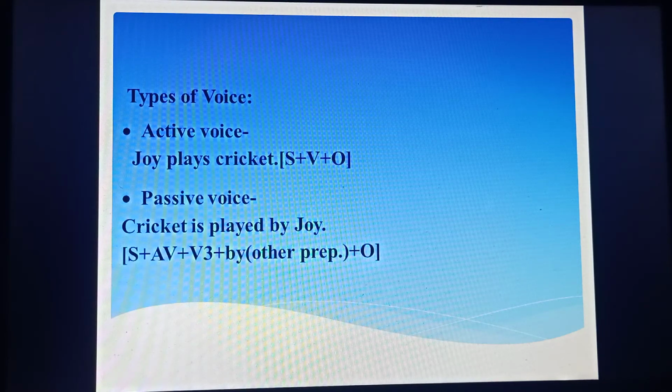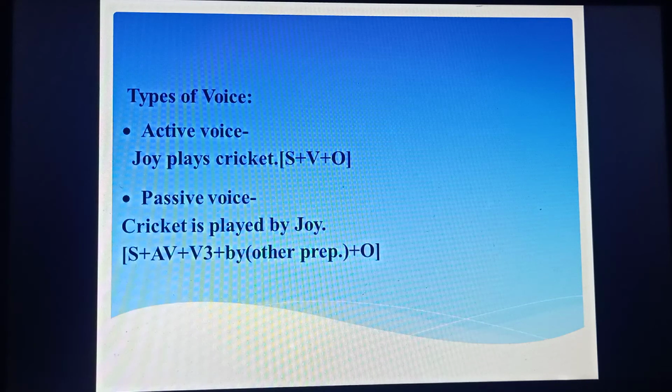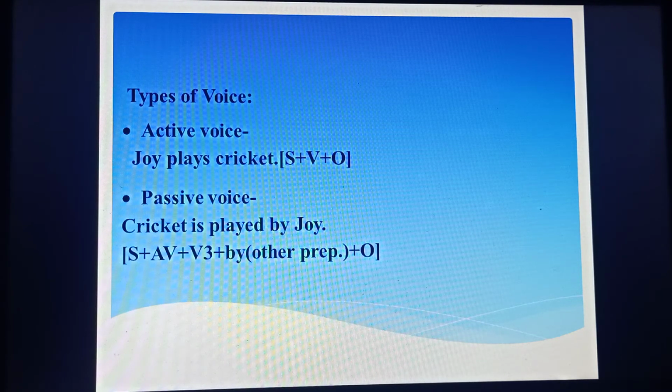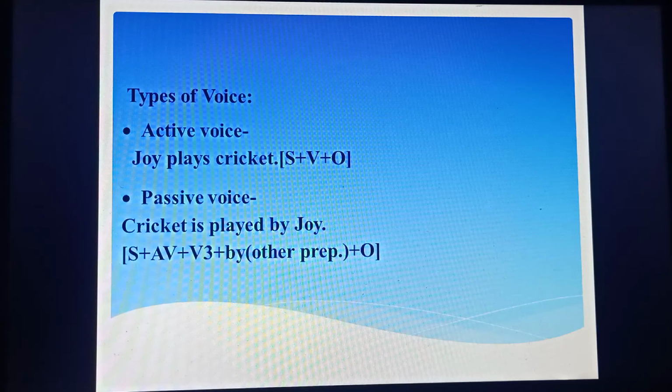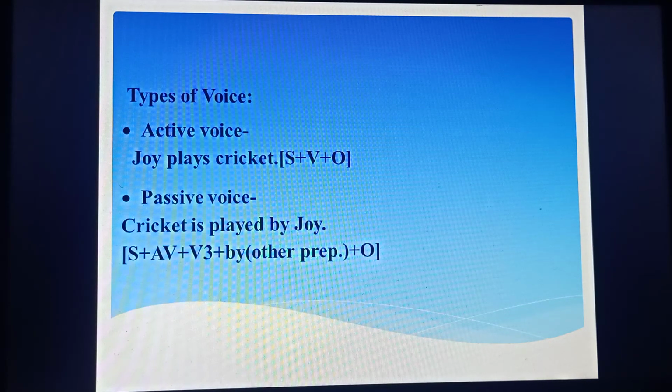Passive voice is when the subject becomes less important and the thing or the matter becomes much more important. In active voice we see subject plus verb plus object, and maybe some other words as extension, but you have to pick up the subject, verb and object, and change this.